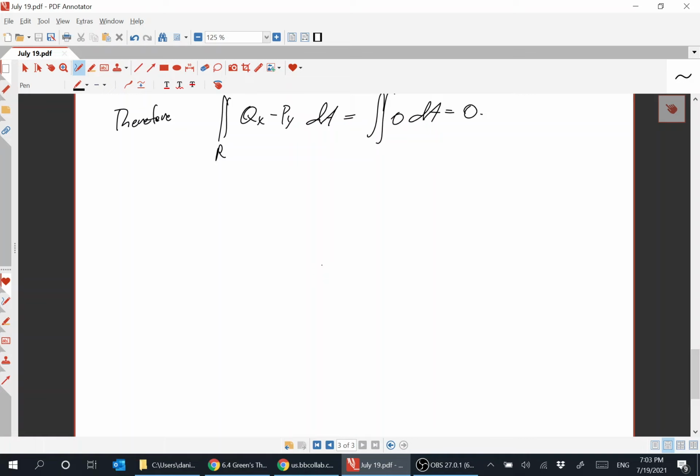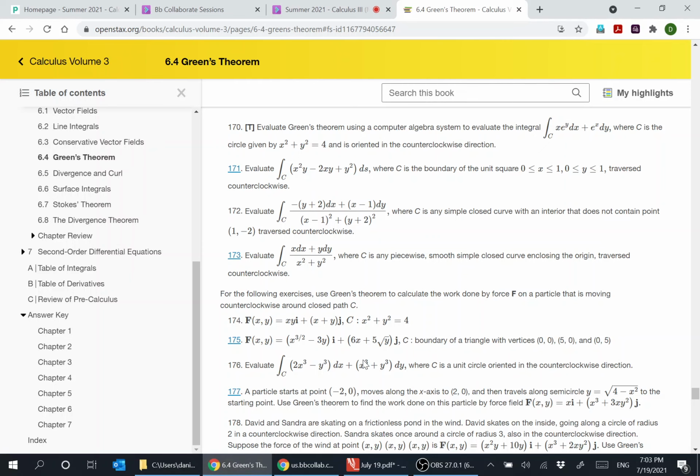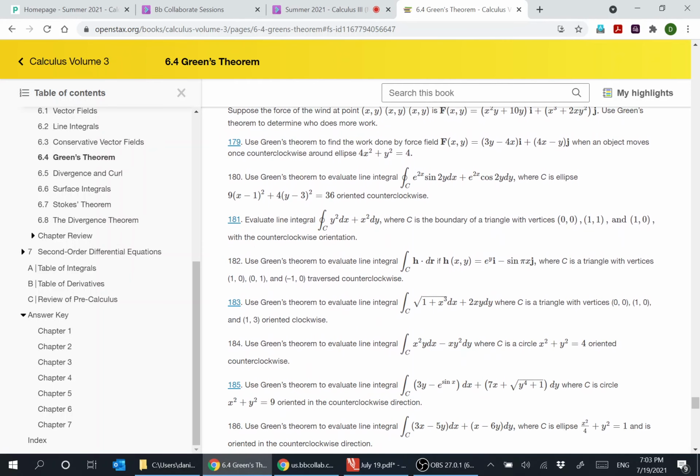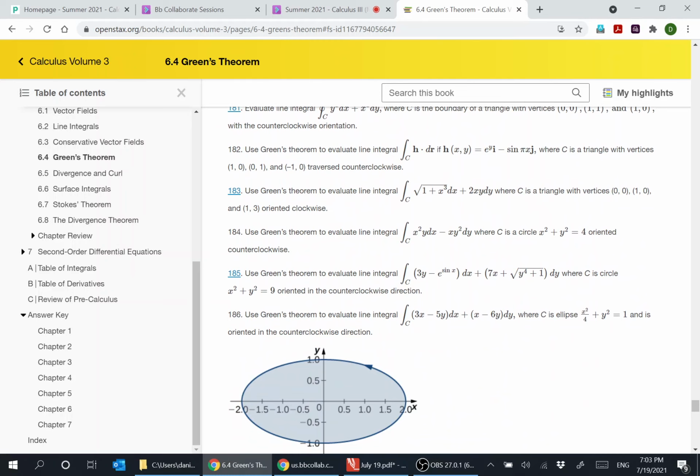All right. So 184, next problem. Use Green's theorem to evaluate the line integral x squared y dx minus xy squared dy, where C is the circle of radius 2 oriented counterclockwise.